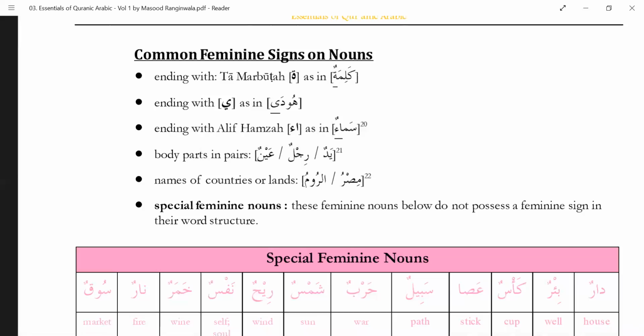You cannot fit everything into rules. There may be some things that fit proper rules, and some which will fall under exceptions. So these words which are mentioned below are feminine just because the Arabs said so. There is no specific reason for it.